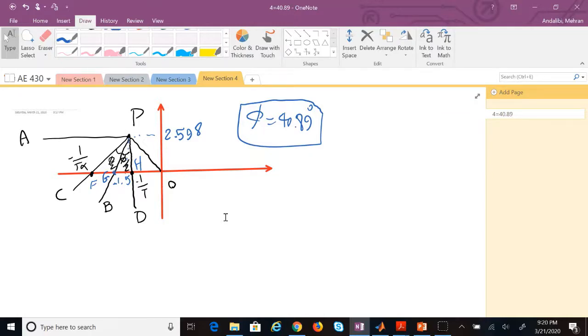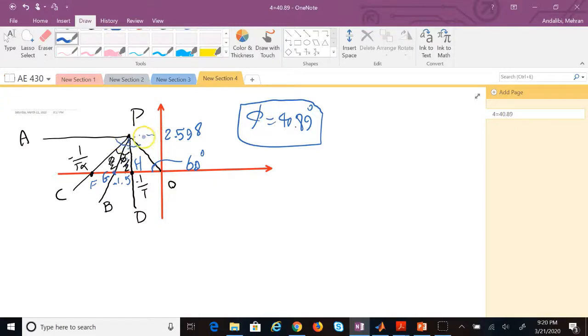So first, what is the angle between OP and the x-axis? If you remember this angle, how much was it? 60 degrees, right? That was for zeta of half. So I know that angle is 60 degrees. And so therefore, each one of these angles also is 60 degrees, right?